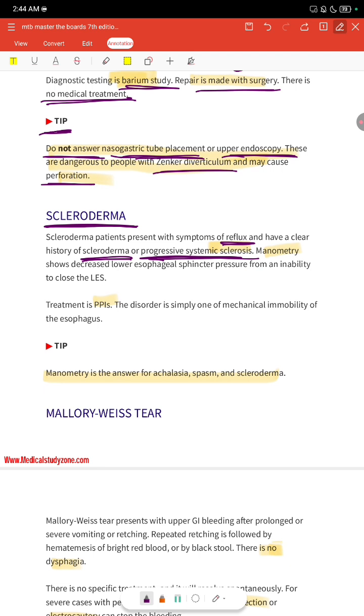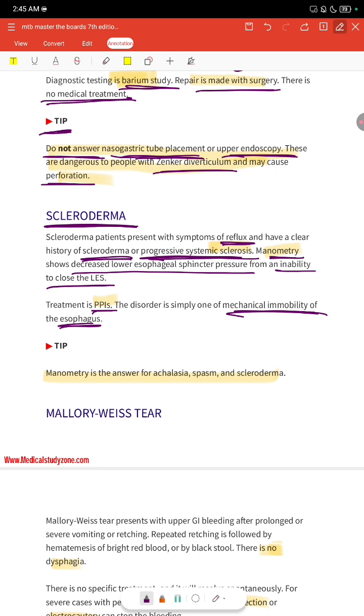But for now, scleroderma patients present with symptoms of reflux and have a clear history of scleroderma or progressive systemic sclerosis. Manometry shows decreased lower esophageal sphincter pressure from an inability to close the LES, lower esophageal sphincter. Treatment is PPIs. The disorder is simply one of the mechanical immobility of esophagus.